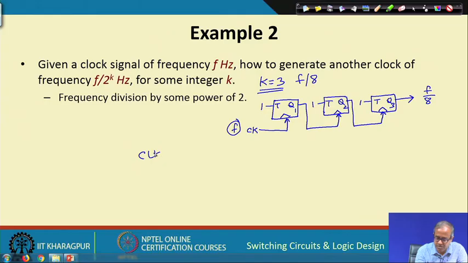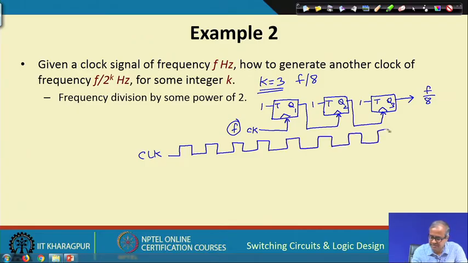Suppose I have a clock pulse here, 1, 2, 3, 4, 5, 6, 7, 8, 9, 10, let us say 10 pulses, and this is the active edge, leading edge triggered, the active edge of the clock.